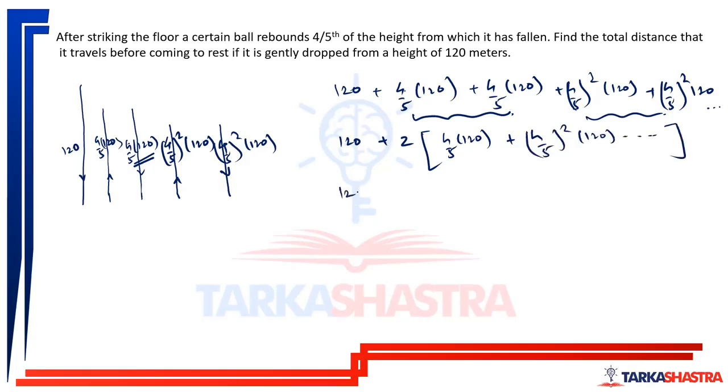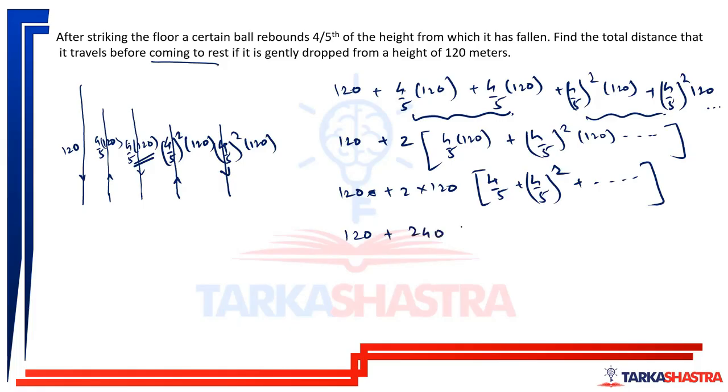So we have 120 plus 2 into 120, if I take it common, 4/5 plus (4/5) square and so on. This is a geometric progression up to infinity, because before it comes to rest, if this rule is followed, it will take up to infinity to come to rest, if there is no friction or something.